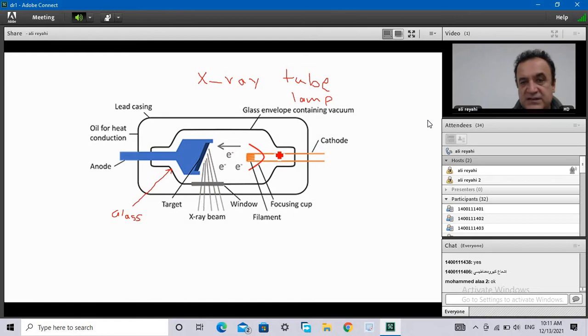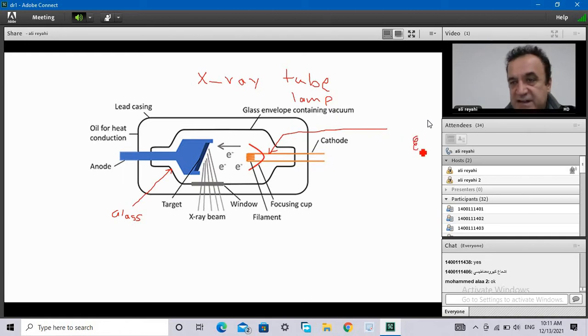Then, please notice this part. We need electrons. I taught you that electrons must be produced and then slowed down, stopped, and finally we have X-ray. For producing X-ray, please listen to me, we use a filament.